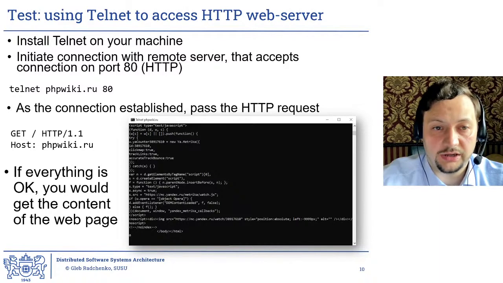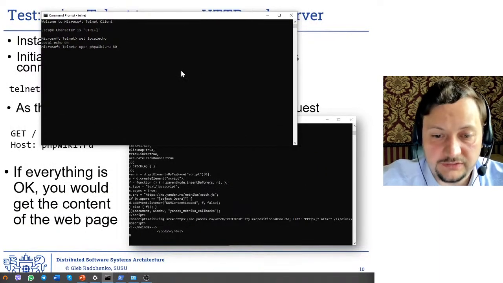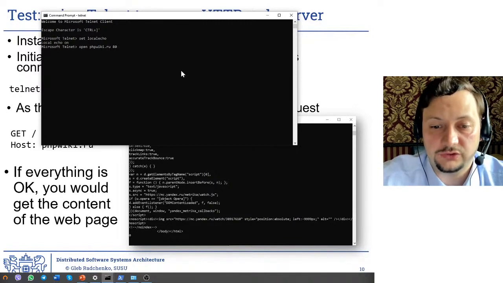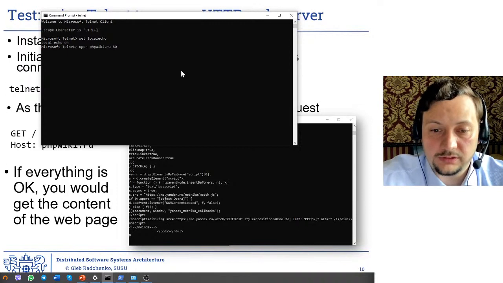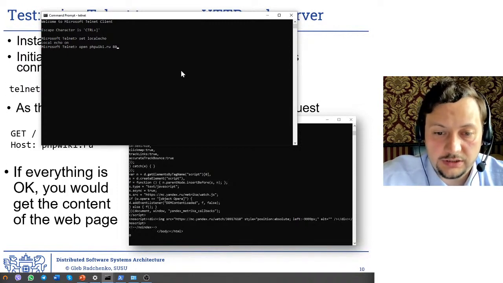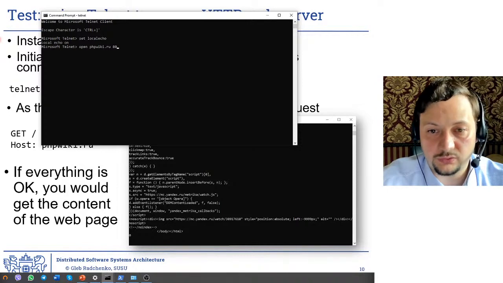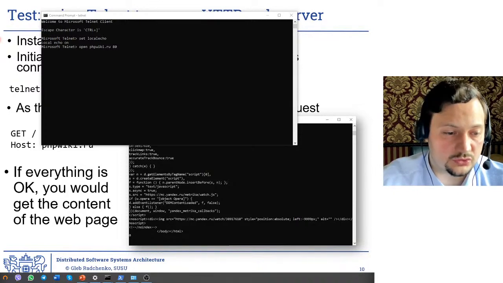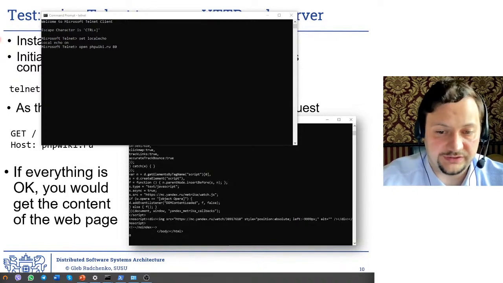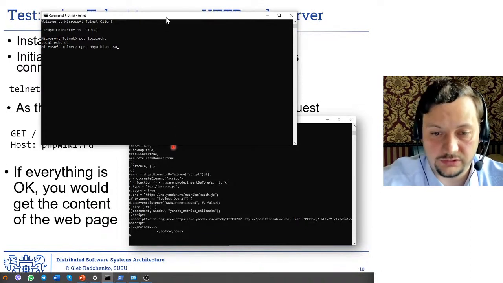Here I created an instance of the terminal in my command line window, and I would try to connect to the website phpwiki.ru. I use this website because I tested it and it worked really, really well.